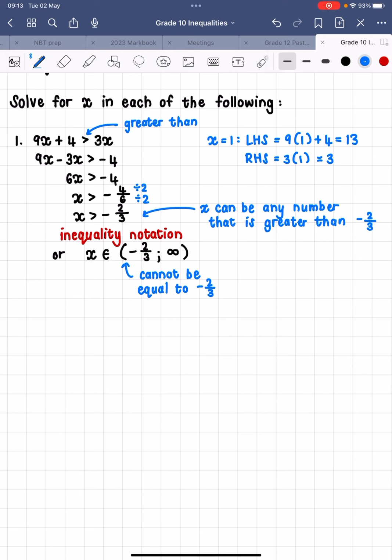And then for infinity also here, we always use a round bracket for infinity, guys, because I think I did explain this before, but I'll say again, infinity is not an actual number. So you can never actually get an answer that's equal to infinity.